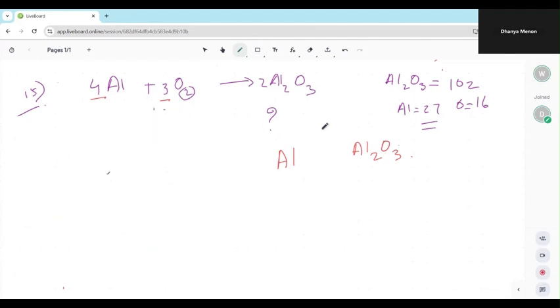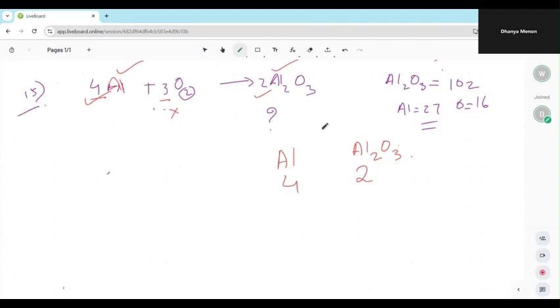We don't need oxygen, we need aluminium and aluminium oxide. So first we check the balancing number. Checking the balancing number first: 4 moles of aluminium will give you 2 moles of aluminium oxide.